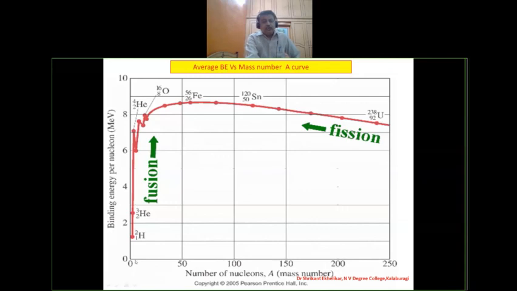If you plot mass number 0 to 250 and binding energy 0, 2, 4, 6, 8, 10, you know that binding energy for light nuclei increases linearly, and there are peaks, and binding energy is maximum for iron Fe 56, about 8.8, and the curve is flat from mass number 40 to 160. So almost all elements with mass numbers between 40 and 160 are stable, and the curve then drops to 7.6 at uranium.